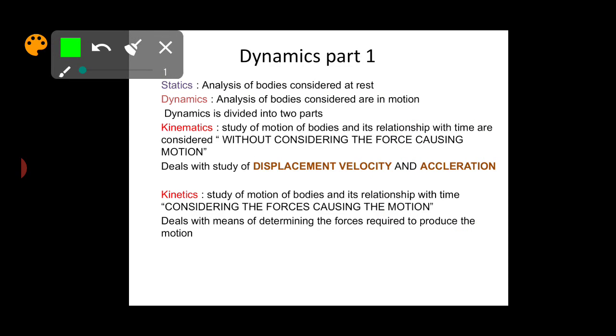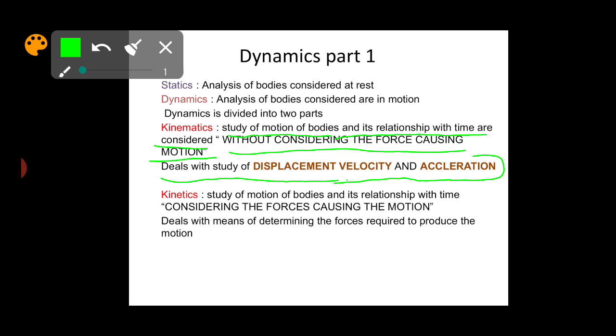Kinematics, let me define, is the study of motion of bodies and its relationship with time, considered without considering the force causing motion. So kinematics deals with the study of displacement, velocity and acceleration.